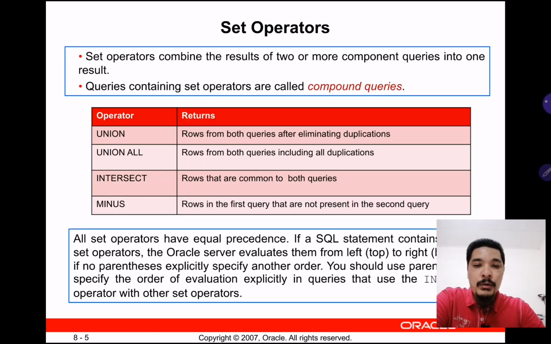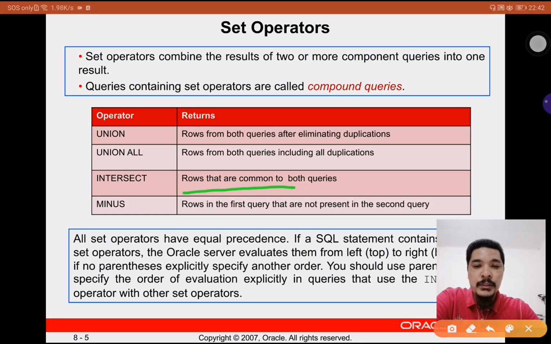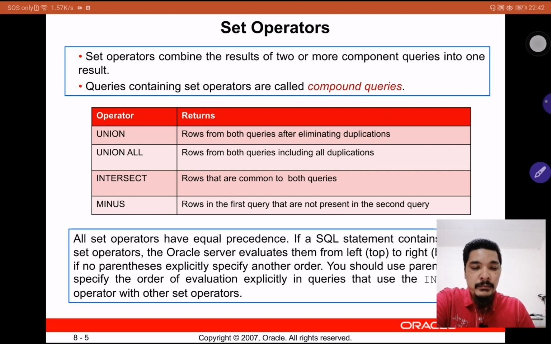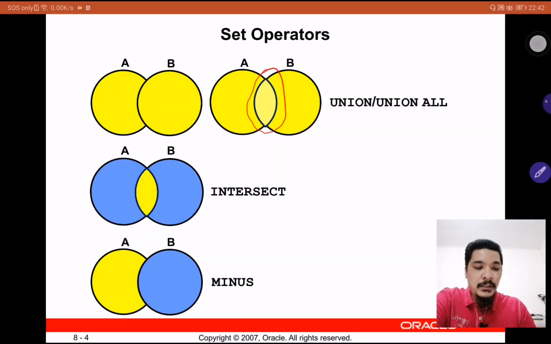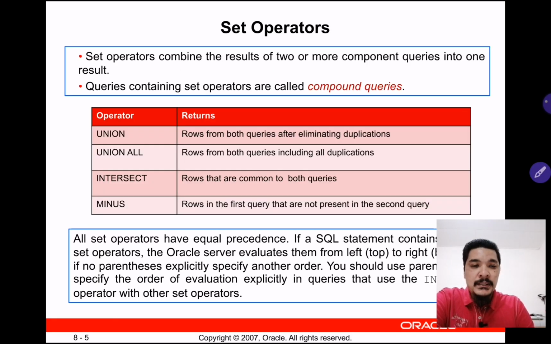INTERSECT returns rows that are common to both queries. In this diagram, this is what we call the intersect, the common part, meaning both have the same common value here. B has this value, A also has this value. The next one, MINUS.